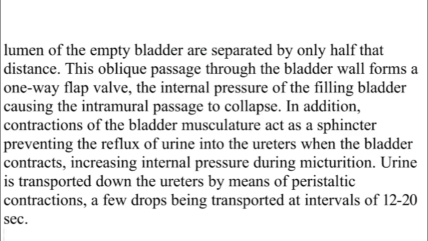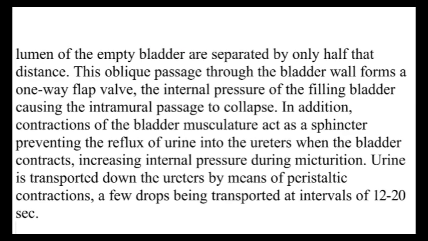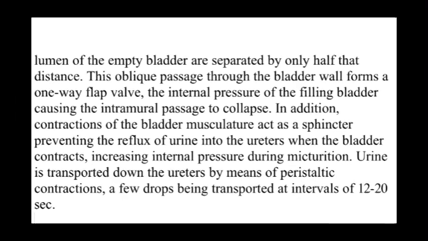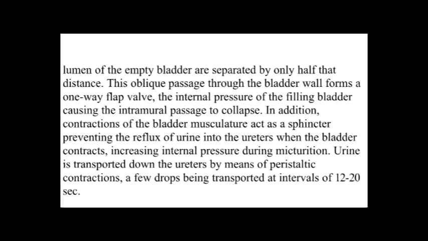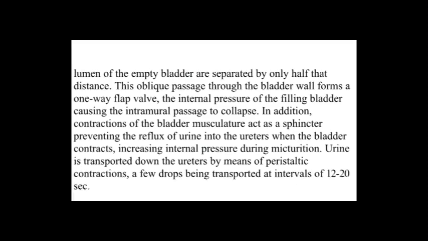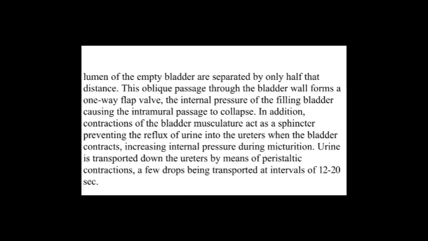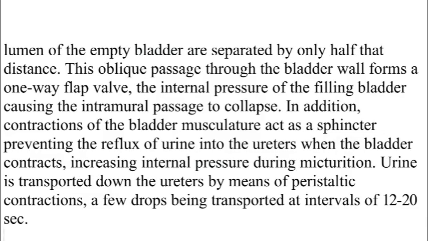The internal pressure of the filling bladder causes the intramural passage to collapse, and this helps in filling of the bladder. You must also know that the contractions of the urinary bladder musculature act as a sphincter, preventing the reflux of urine into the ureters when the bladder contracts, increasing the internal pressure within during micturition.